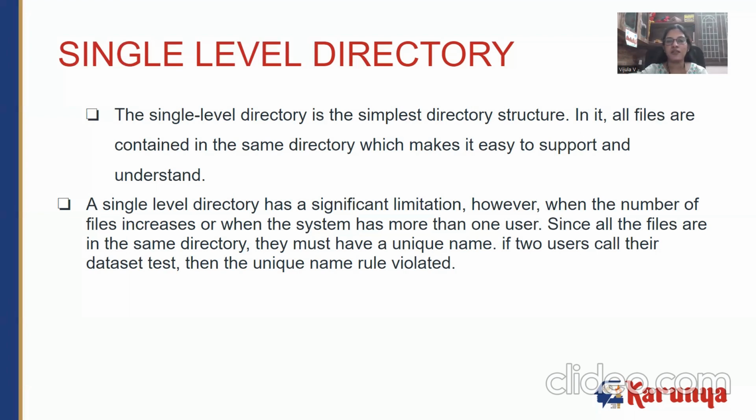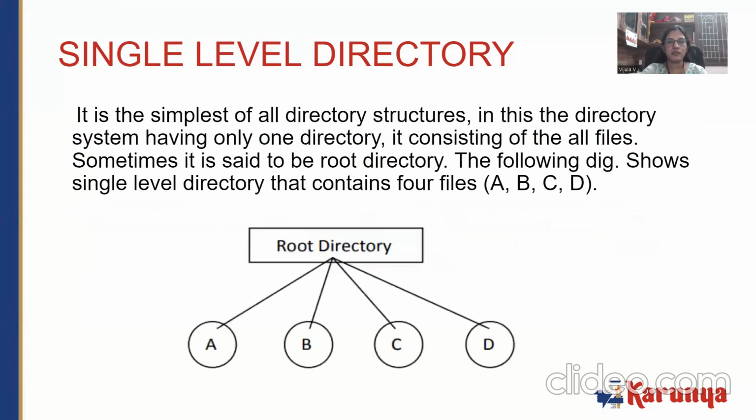Since all the files are in the same directory, they must have a unique name. If user A and user B have both named their data set test, then the unique name rule is violated, and the system has difficulty deciding which file to access. This is the limitation faced in the single level directory.